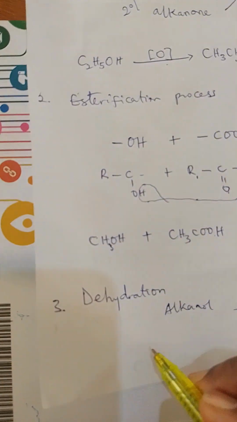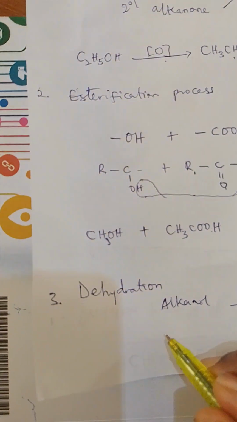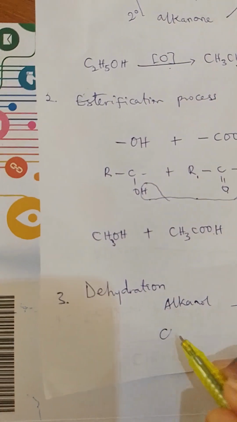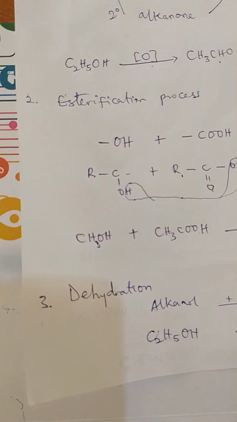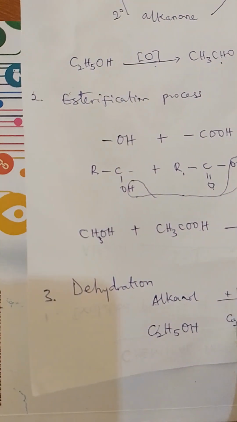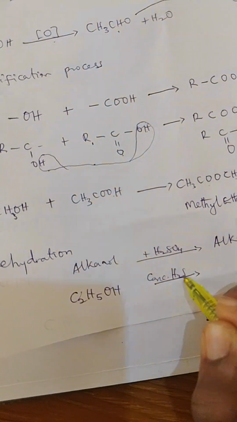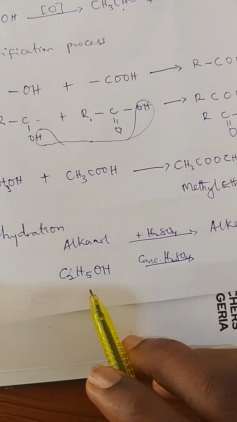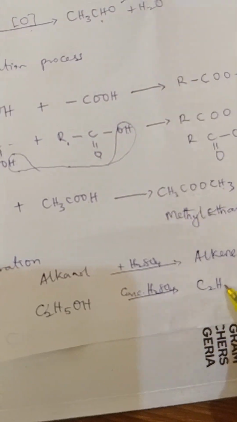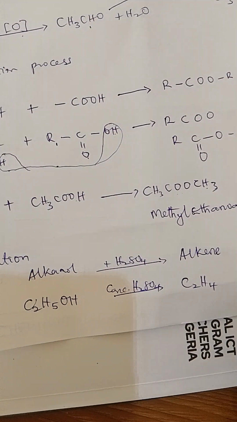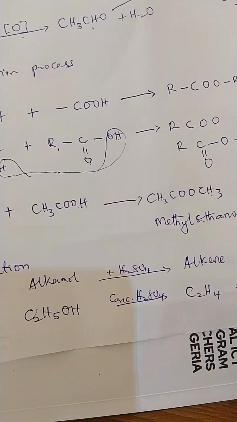We are still using ethanol as the family representative. This is ethanol, C2H5OH. In the presence of this concentrated H2SO4, ethanol will dehydrate to what? Ethene, and water will be given off.